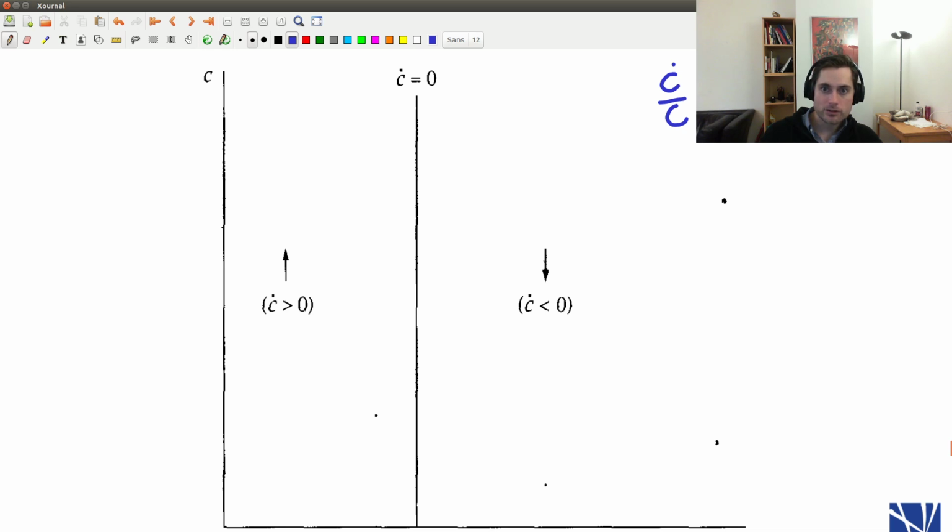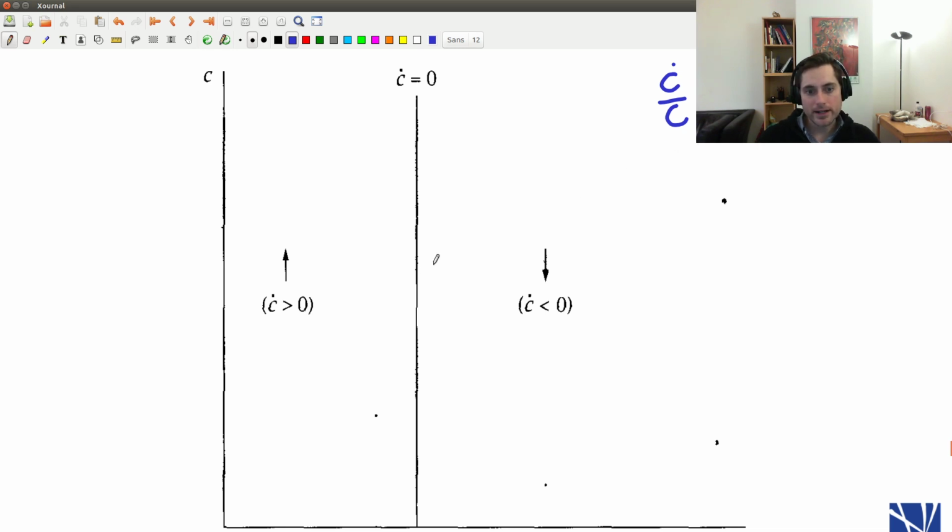Okay, so note that there's some level of little k where little k is exactly equal to rho plus g times theta, and that's going to be this k star here, this line where c dot is equal to 0.